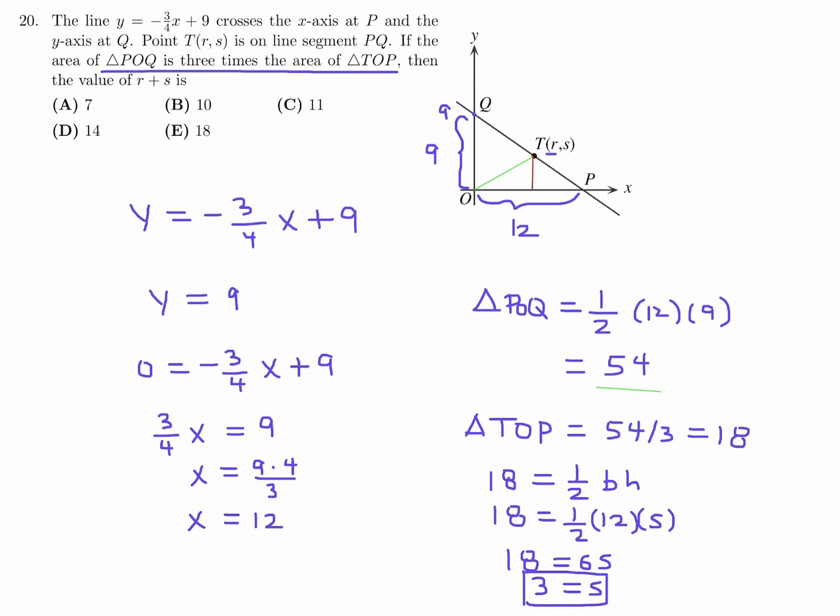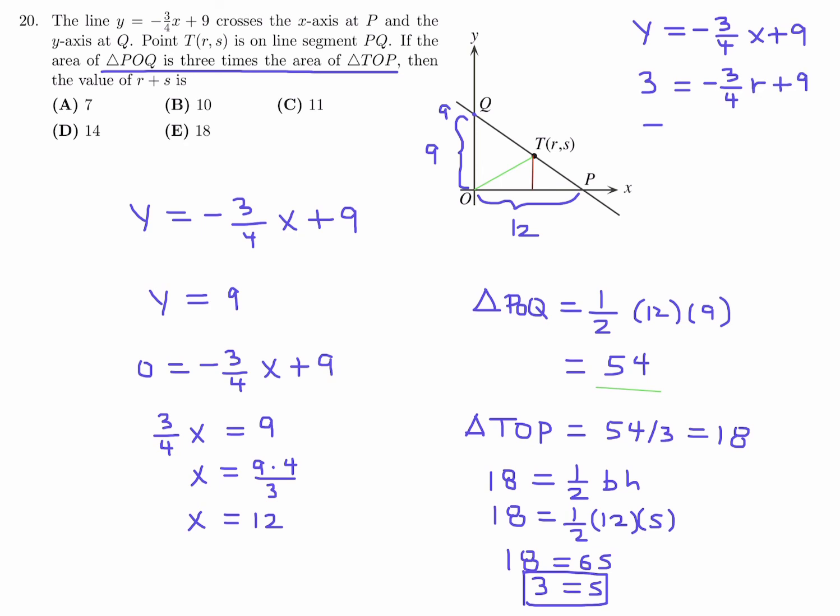So now we have to figure out r. How do we figure out r? Well, this point is on this line. So to figure out the other coordinate, plug it into that line. Y is equal to -3/4 x plus 9. We want to figure out r. S we already figured out was 3, so S represents the y coordinate. So put 3 here, correct? -3/4. Our x is actually represented by the letter r, so put that in there.